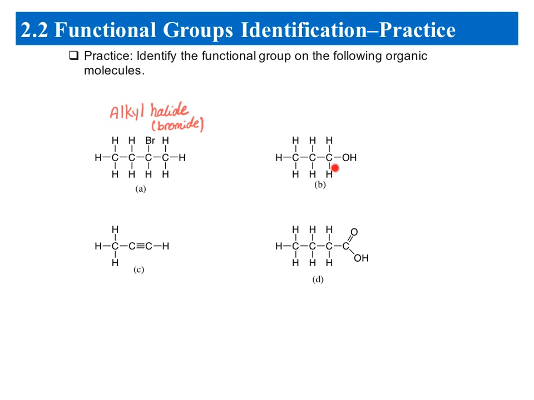Now this one, we have a chain of hydrocarbon attached to an OH group. It's an alcohol functional group right here. This functional group here, we have a carbon-carbon triple bond, so it is obvious that we have an alkyne.